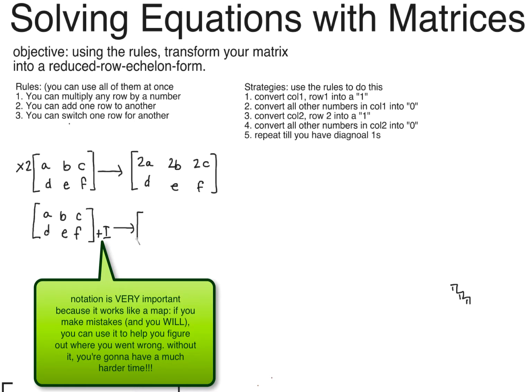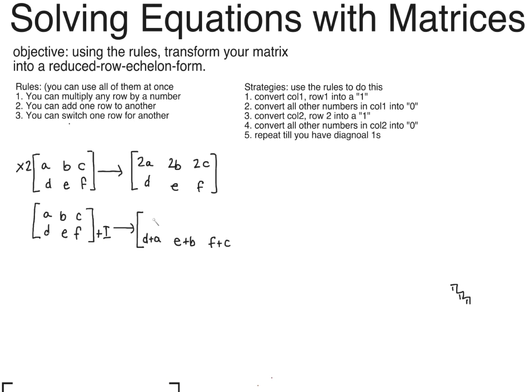What that means is that everything from row 1 is added to row 2 in each column. So for example, D plus A, then E plus B, and F plus C. Your row 1, of course, remains unchanged. So that's just A, B, and C.